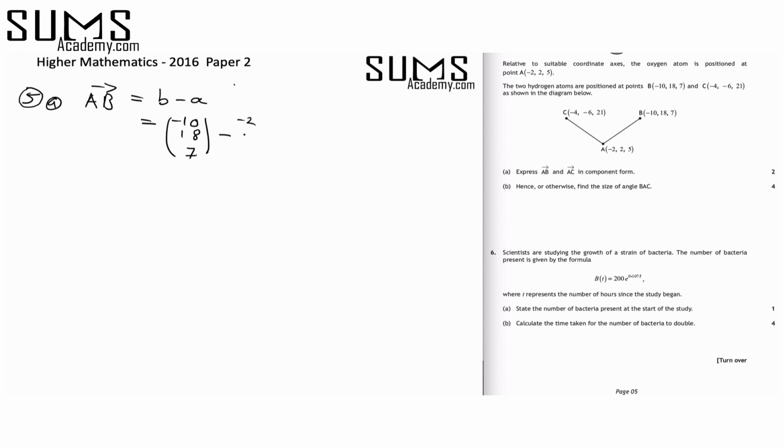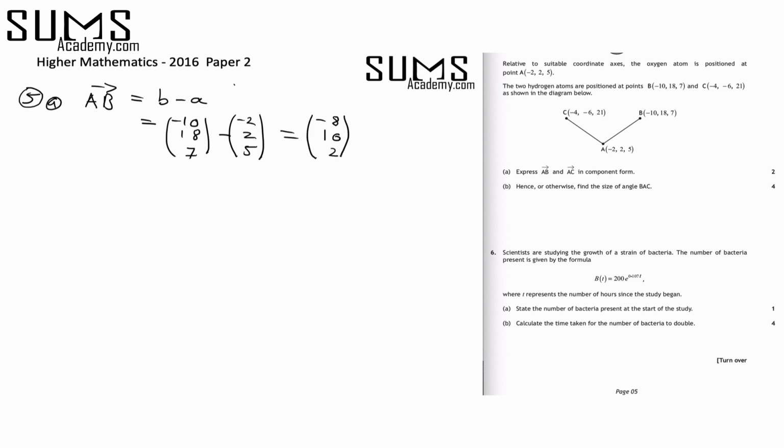That is going to be negative 10 minus 2, which is negative 8, and 18 minus 2 is going to be 16, and then 5 minus 7 is going to be 2.